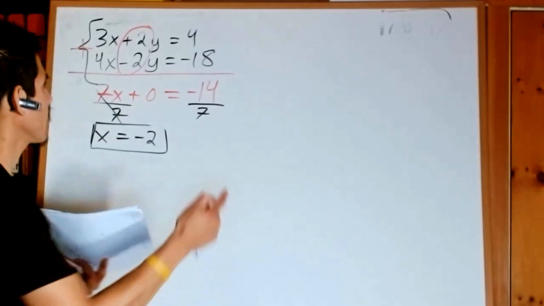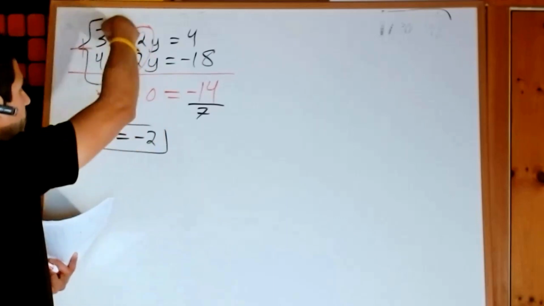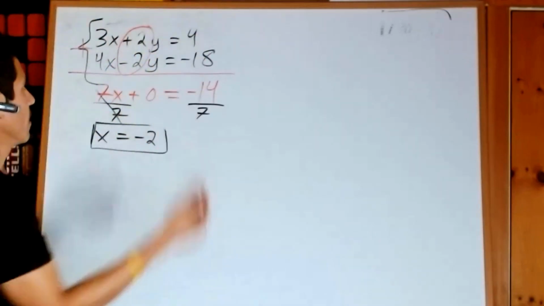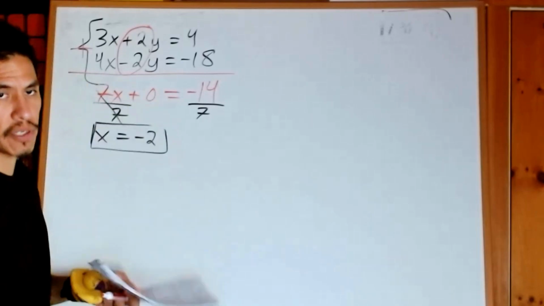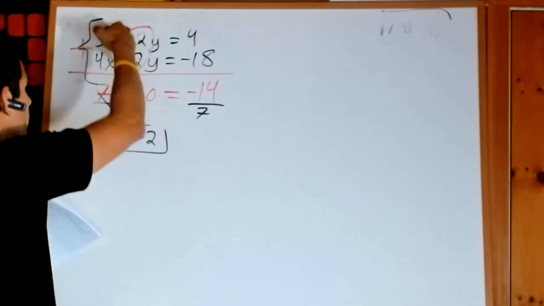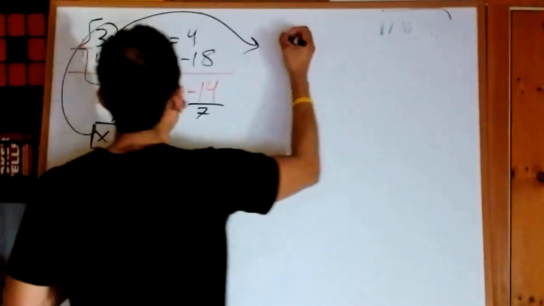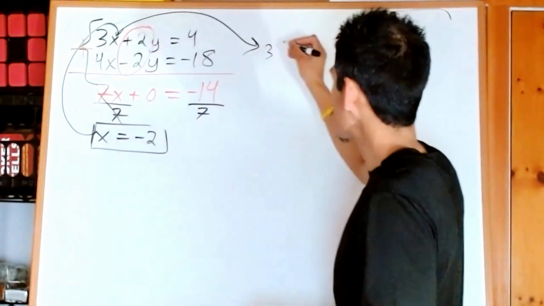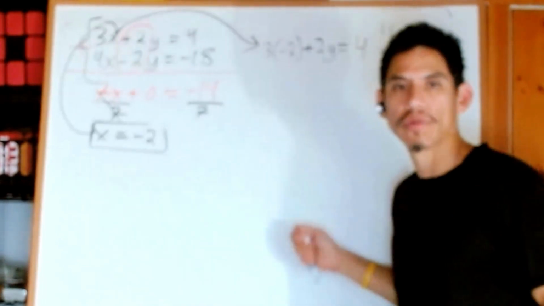And now we just have to solve for y by plugging this value for x into either equation. Again, it's just up to you. Pick the one that's probably the quickest. So I'll put this probably into the top one. So we get 3 times negative 2 plus 2y equals 4.